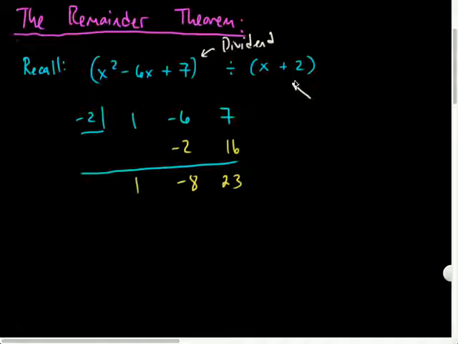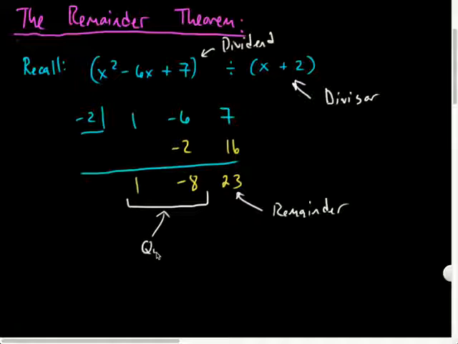This part was the divisor. I always mix those up myself. This was the remainder, and this part is the quotient. Let's make sure we know those terms.